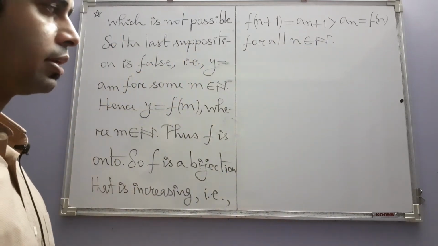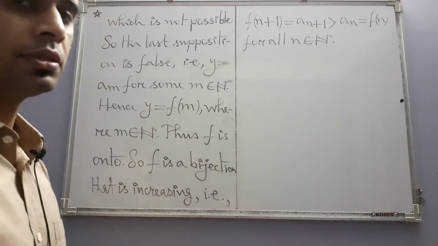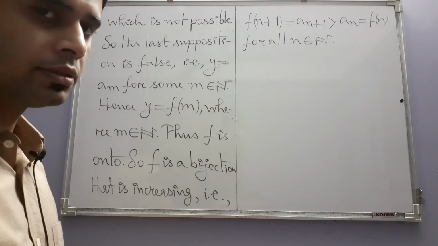Now we are almost there. The only thing we are yet to prove is that this f is unique. So suppose again that it is not unique.